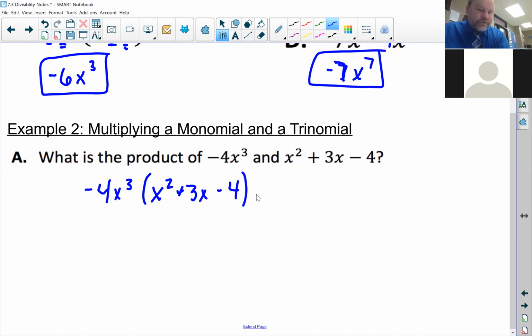So we use the distributive property. We're going to take that negative 4x to the third and multiply that by each term in the parentheses.